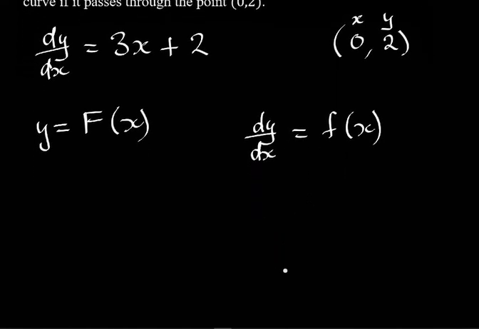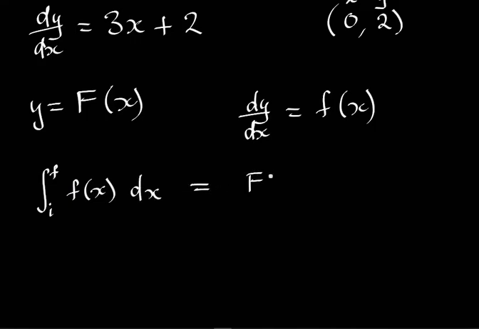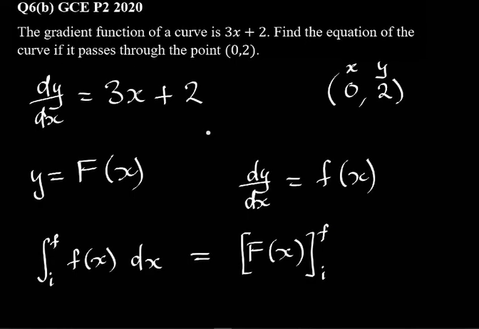Now, remember that the process of integration using a definite integral, with initial and final limits, there we said if we get this f'(x), we integrate it with respect to x, our answer is going to be f of x evaluated from the initial point to the final point. Now, this time, if you look in this question, there's nothing like that. So are we stuck or something? Well, we're not really.